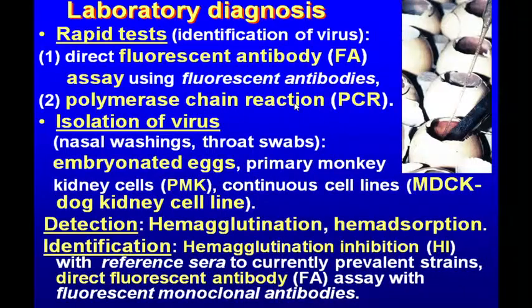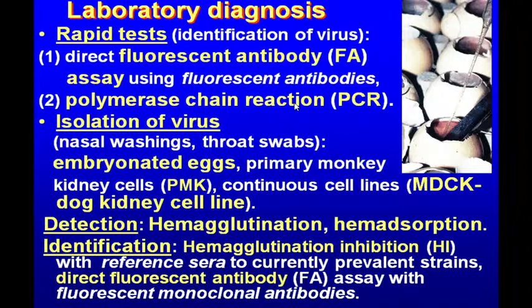But in the beginning of the pandemics, usually the epidemics, the isolation of the virus occurs because we have to fully identify the virus, whether it is a seasonal influenza, regular, that doesn't cause very severe harm to the population, or whether it is a new strain that may spread very fast, so the morbidity and mortality can be very high.